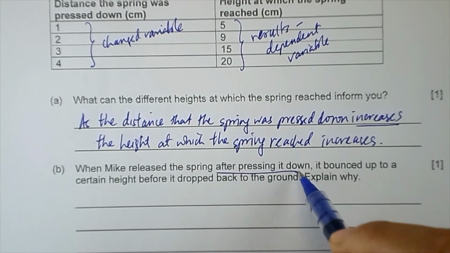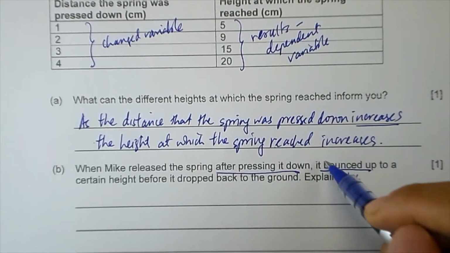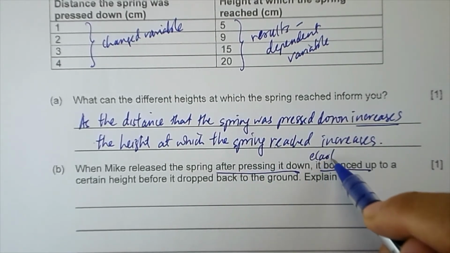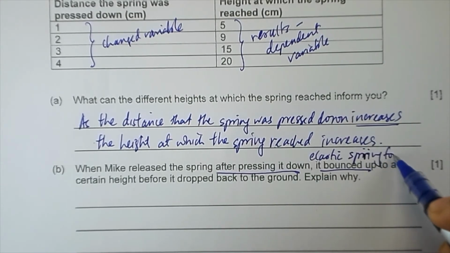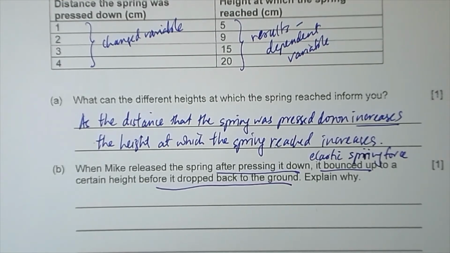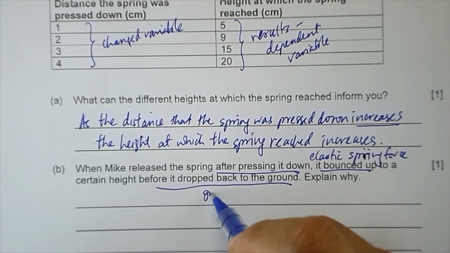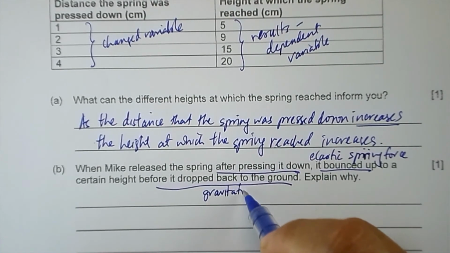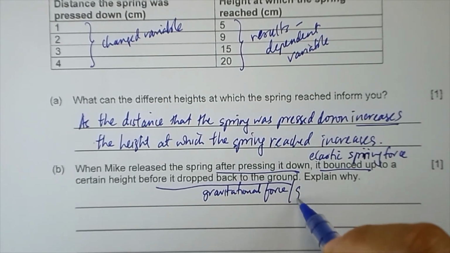After pressing it down and releasing it, we have an elastic spring force in action. And for dropping it back down to the ground, the reason is because of the gravitational force, or the force of gravity.